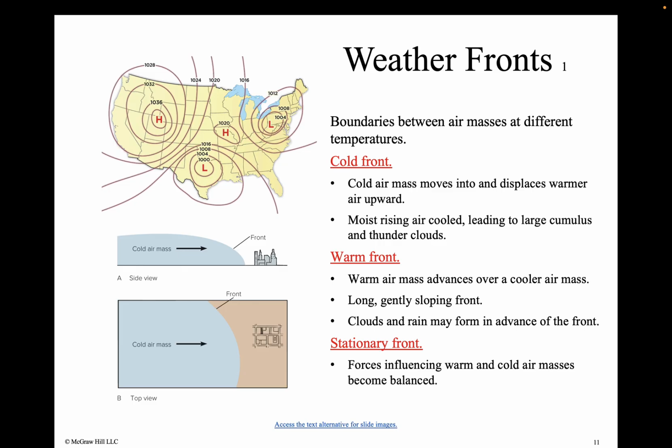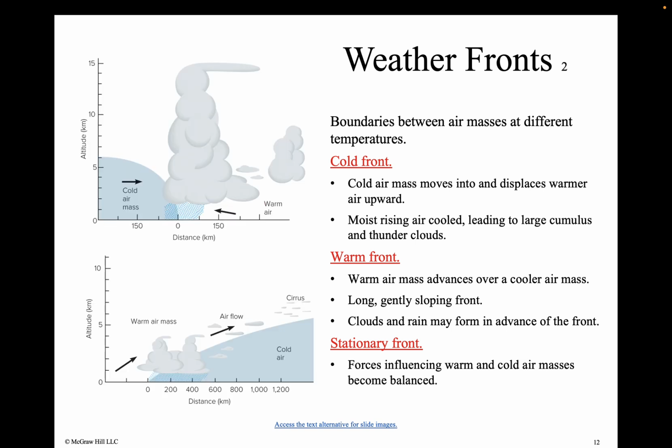I think we can put it that way. They recede. They sort of go back. Okay, so the stationary, as the name suggests, happens when the boundary of that front is not advancing on top of each other.